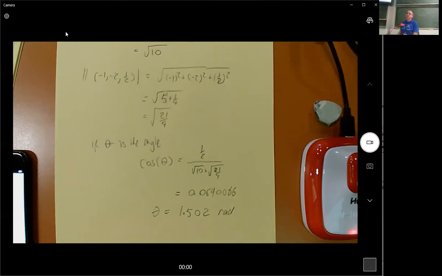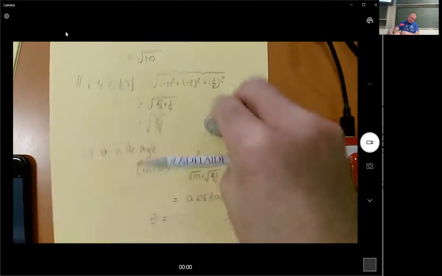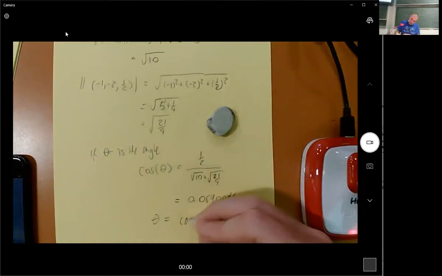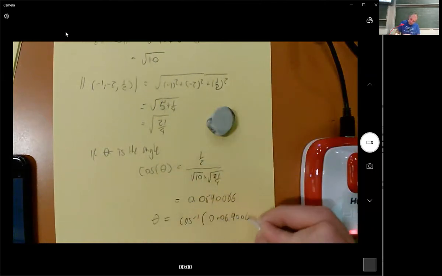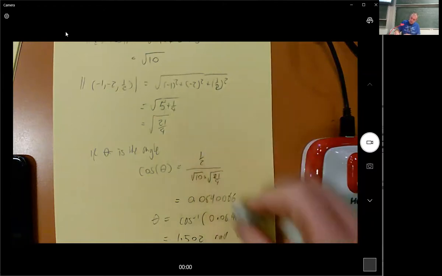So if it's okay to put degrees, I don't know if it is, but if it is in degrees, make sure you put the degree symbol. Just for completeness' sake, I'm just going to write that down. Three decimal places.